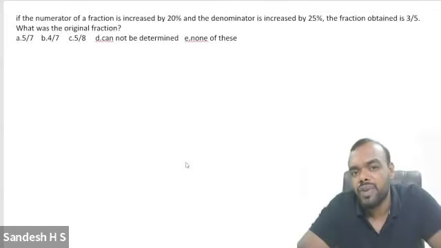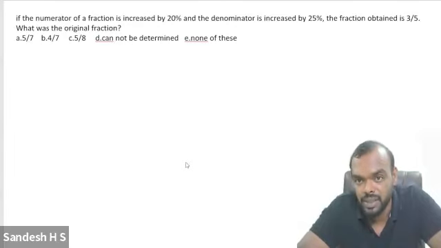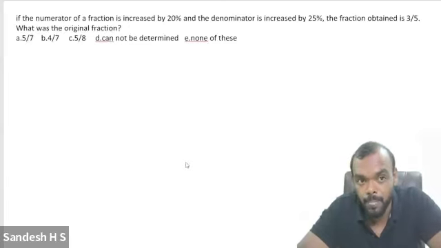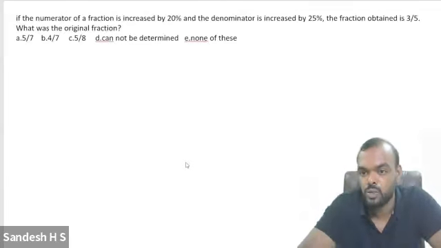If the numerator of a fraction is increased by 20% and the denominator is increased by 25%, the fraction obtained is 3 by 5. What was the original fraction? Understand the question. That's what the question is.